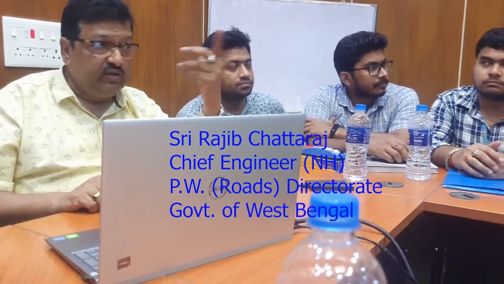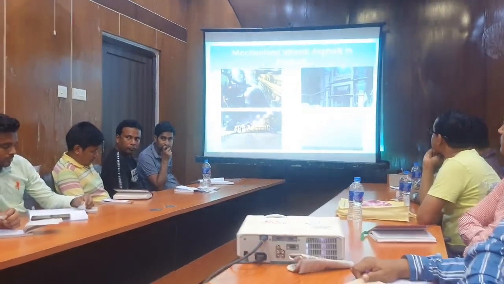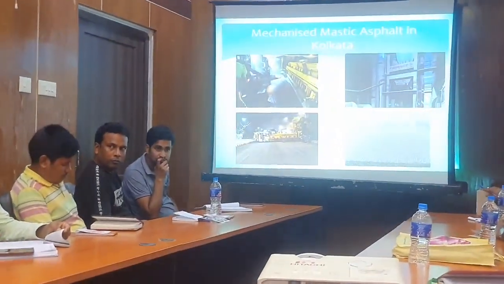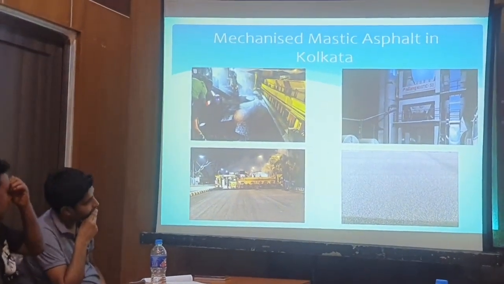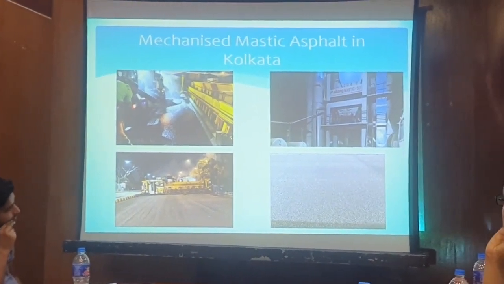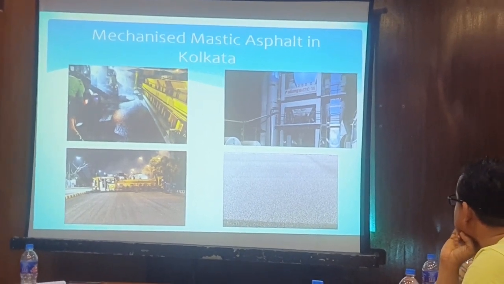This is as per the German people who came from Germany, as they are the manufacturers of these machines. They suggested that in Germany they follow this, so we have got it from them, and we have applied quarter-inch chips, and the result is beautiful. The surface in the right and bottom picture is very skid resistant.